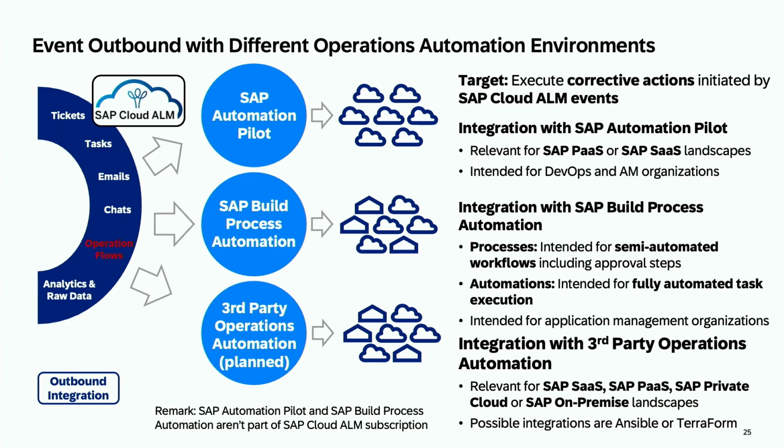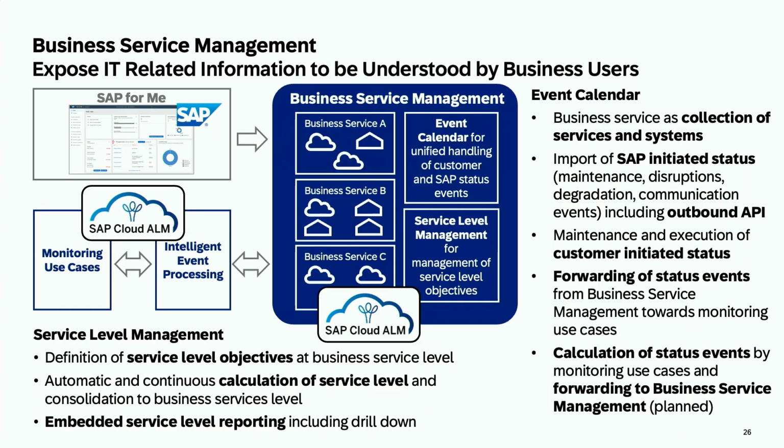We have a demo for this, I think, in the lunch break, where we also take this as a test candidate to implement this integration. But there are also others out there, Ansible, Terraform, and whatever. So in this sense, we try to also trigger appropriate operation flows in operation automation environments the customer may already have.